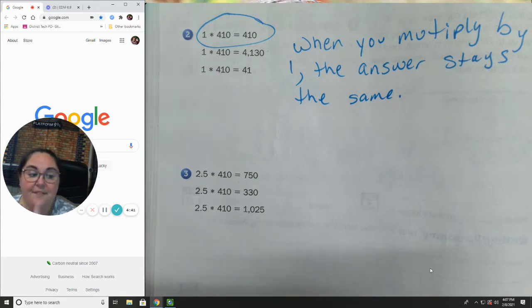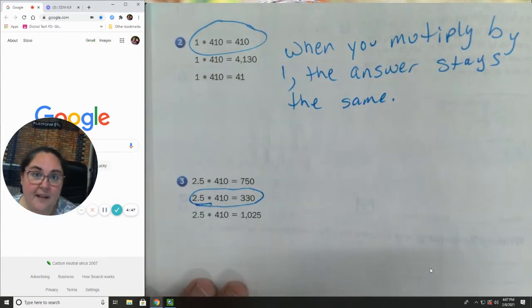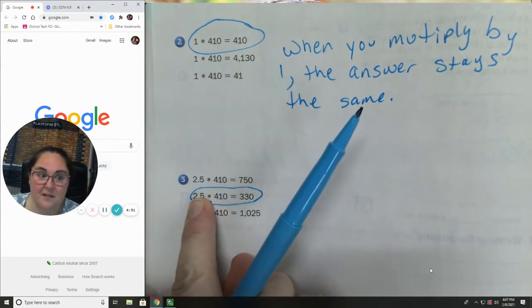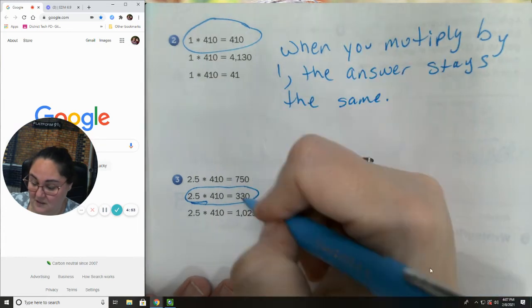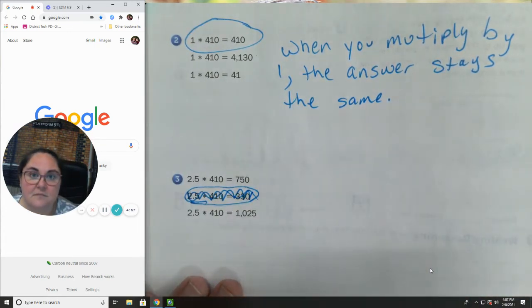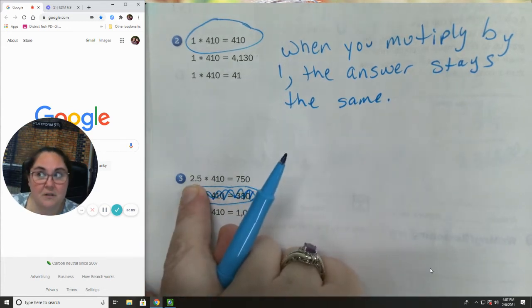All right, if I were going to do this problem, I would first look at this one. I know that that can't be the answer because this number is more than 1. So my answer should be more. I also see that this answer is more than 2.